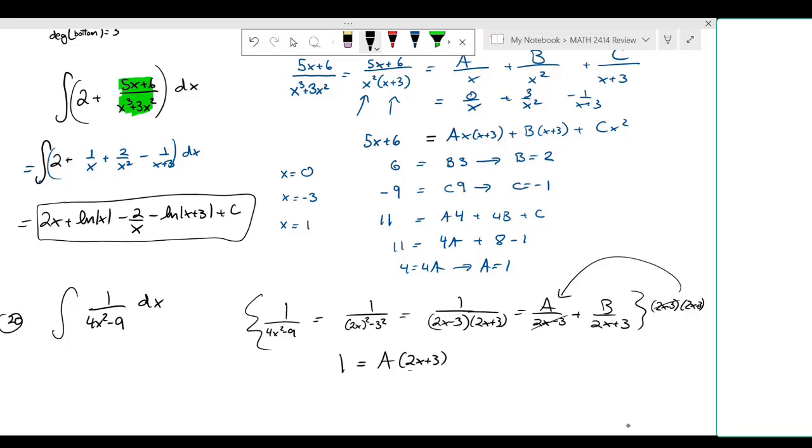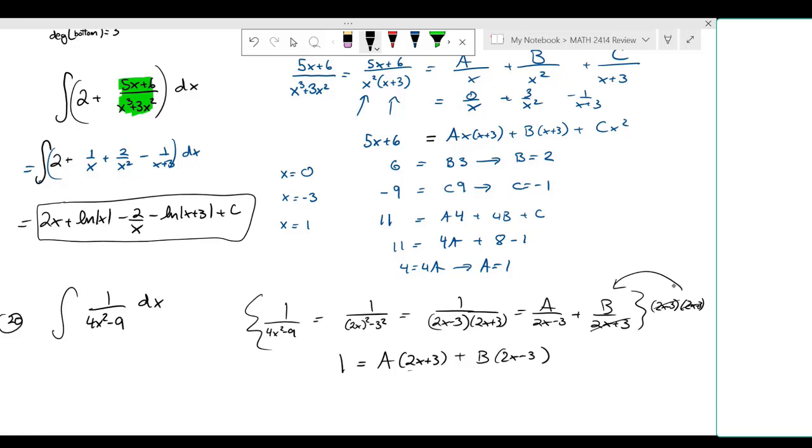So you're left with the 2x plus 3. When you multiply through the term containing the b, the 2x plus 3's cancel. So you're left with the 2x minus 3.